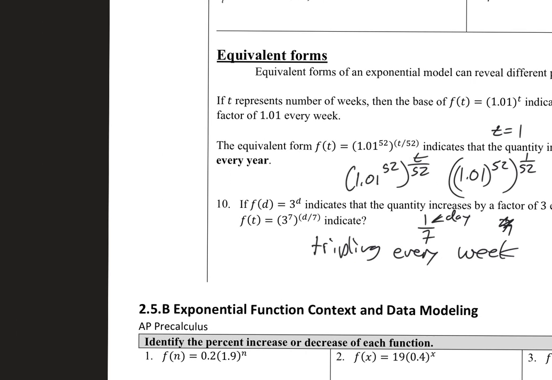Another example: what if I said f of t equals, I'm making something up here, 5 times 1.5, so growing by 50%, to the t, and I said this is every hour.